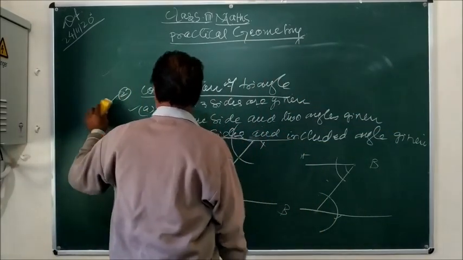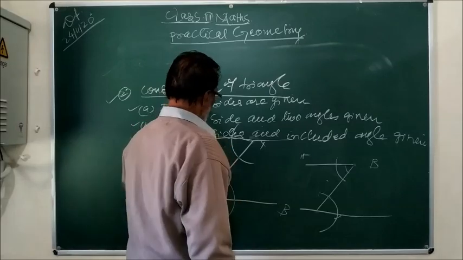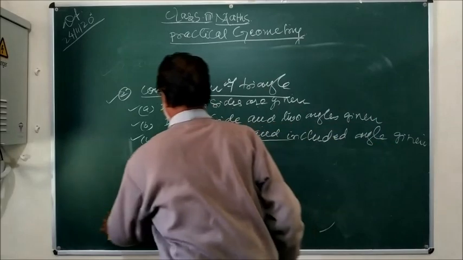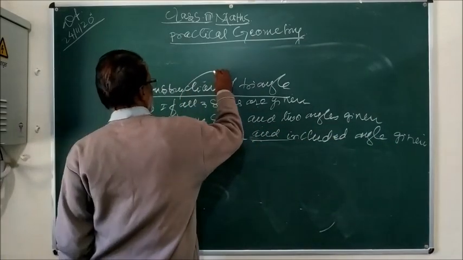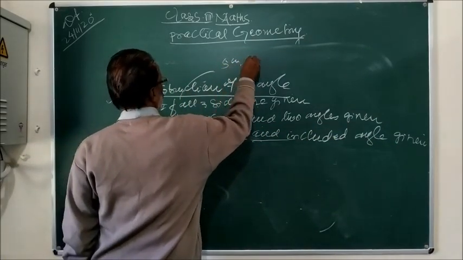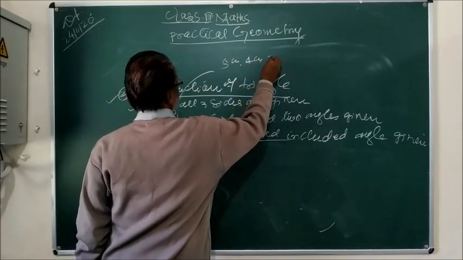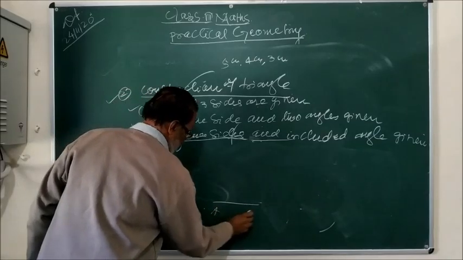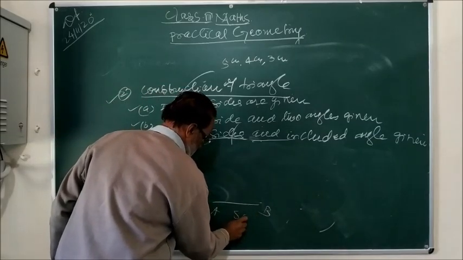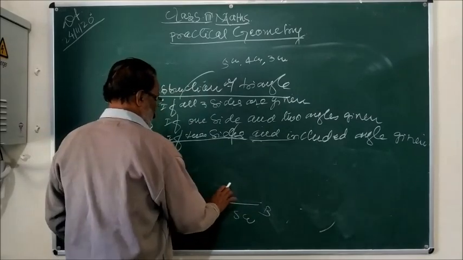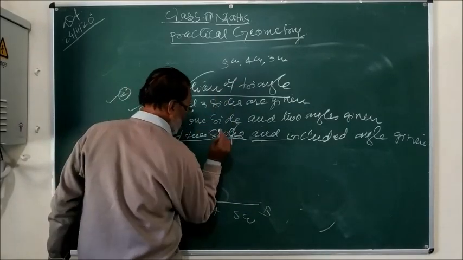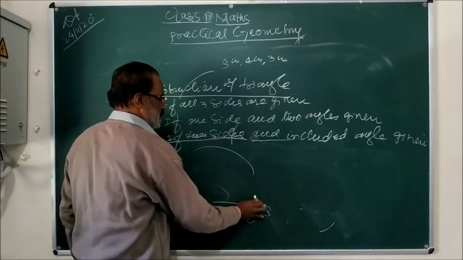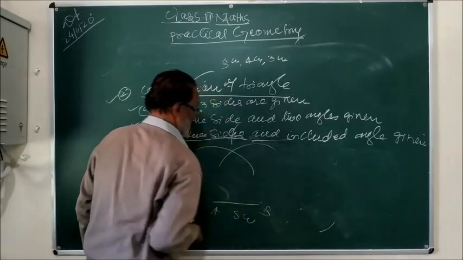You will try to see. Now you see how you will draw a triangle if three sides are given. Let us take measurements 5 cm, 4 cm and 3 cm. It can be anything. You draw a line segment of 5 cm. From here you draw an arc of 4 cm, and from B you draw another arc of 3 cm.